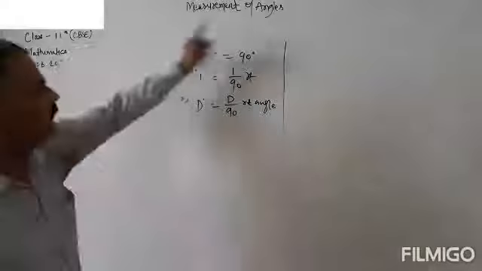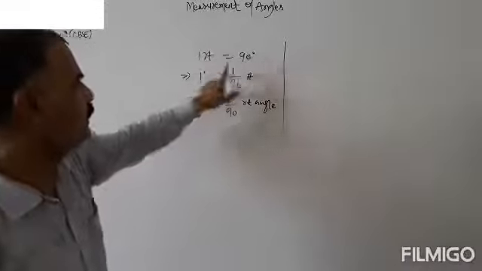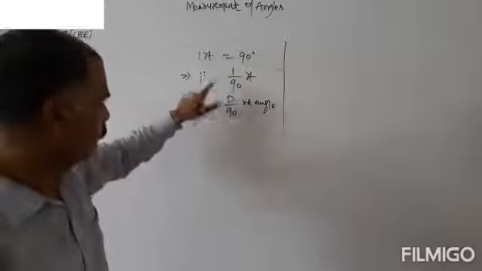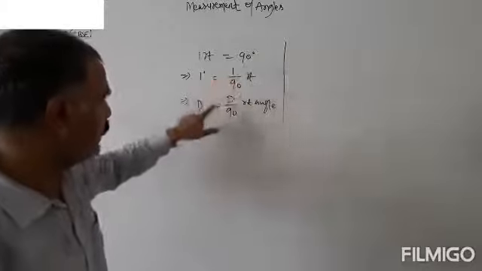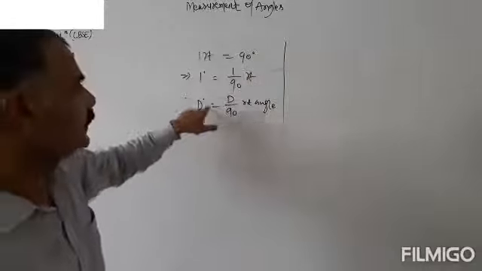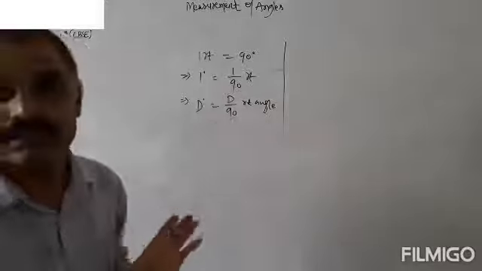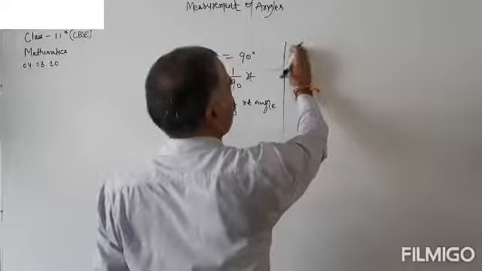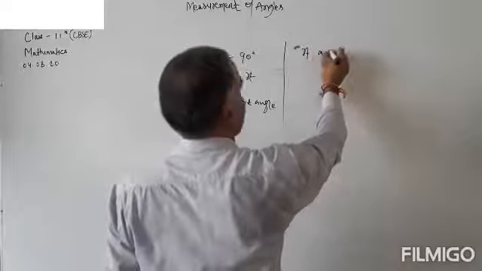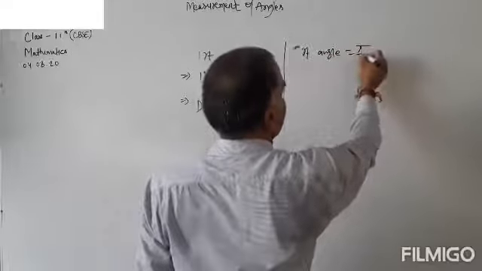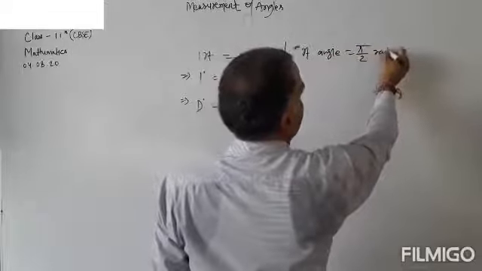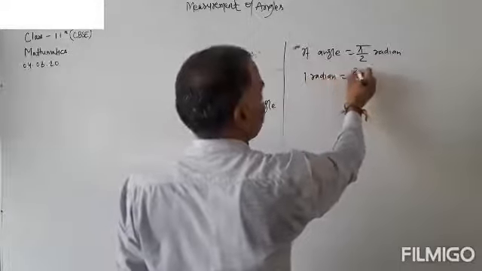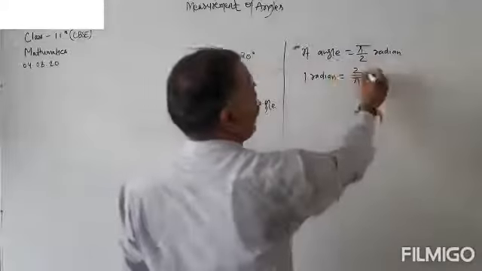Now we know that 360 degree or 1 right angle is equal to pi by 2 radian. So 1 radian is equal to 2 upon pi right angle.